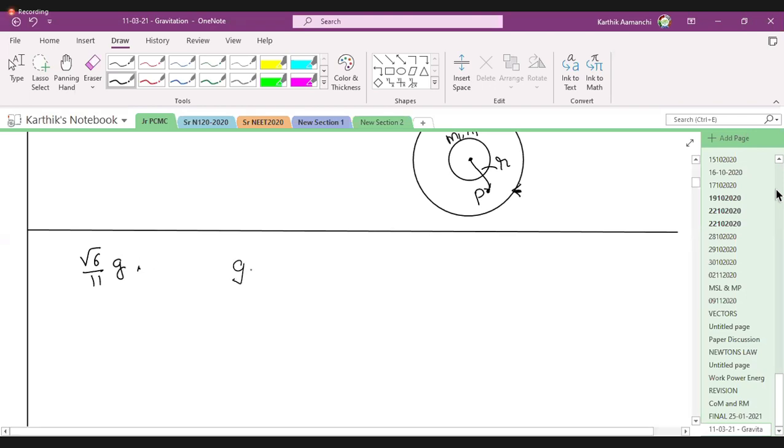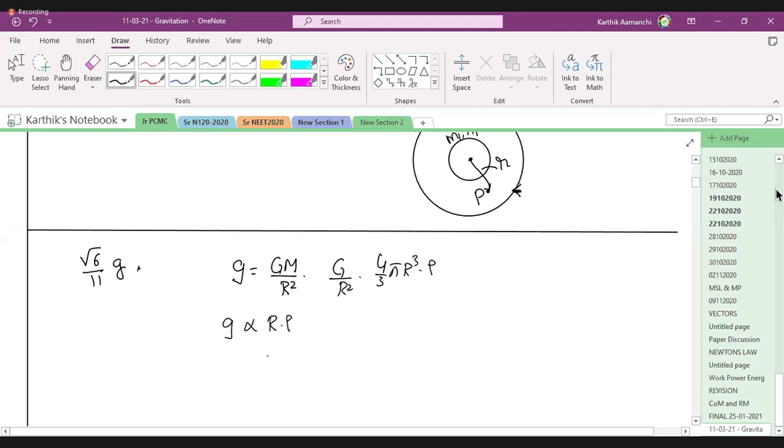See, what is your g formula? g is GM by r square. So this will be G by r square into 4/3 pi r cube into density. So from this you say your g is directly proportional to R.